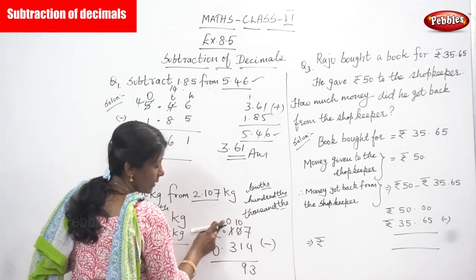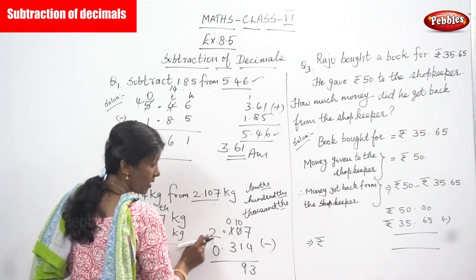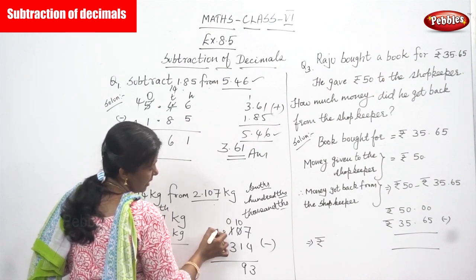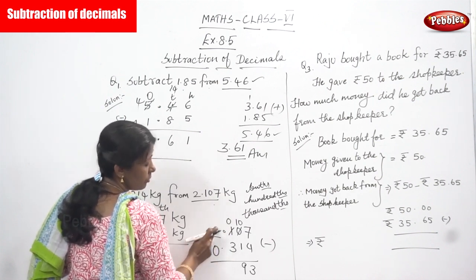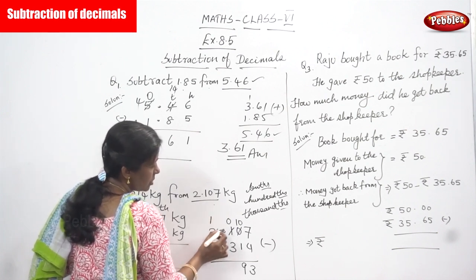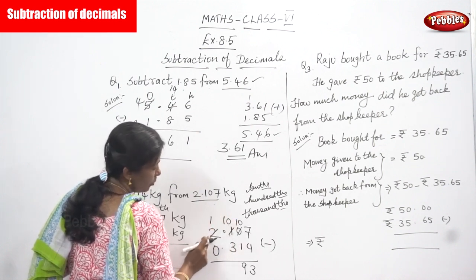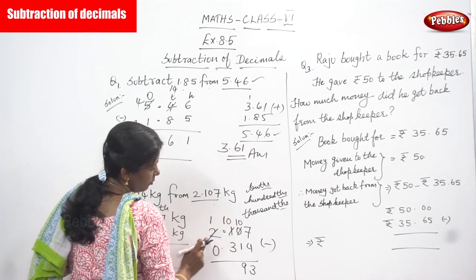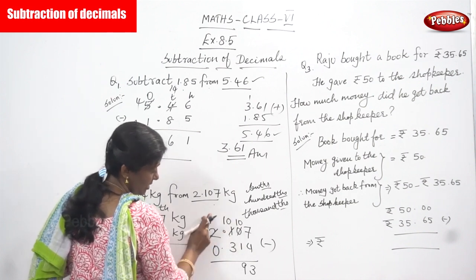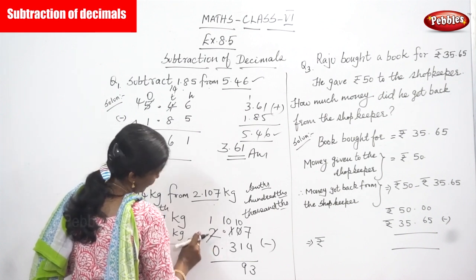Okay, so again you have to subtract from 0 to 3. It is not enough to subtract, so you have to borrow from the ones place value. It's a whole number. So you start from 2, and from 2 you subtract 1. So this 2 becomes 1. After that this tens place 0 becomes 10, because you have to borrow 1 from the ones place value.